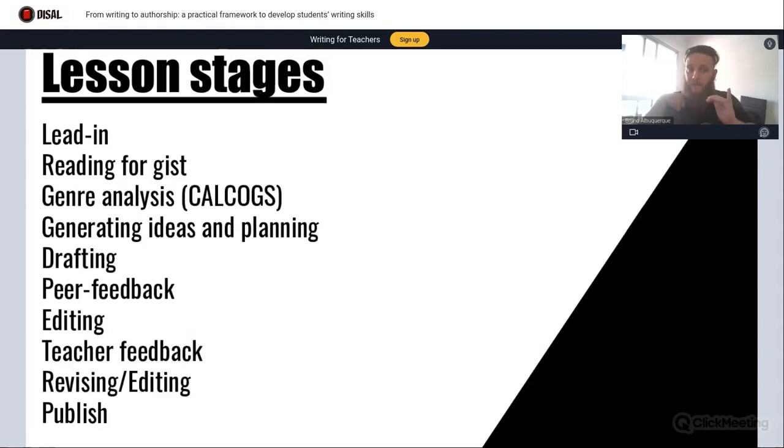And then they have teacher feedback, and then revising. It's usually that nitpicking that we do. It's like, look at this spelling, look at this grammar, check this word, check this or check that.